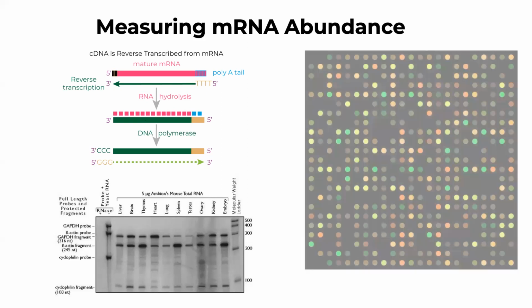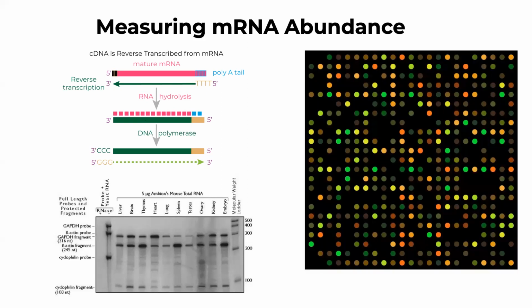Also, another method of determining the amount of a known segment is to measure them using microarray, which is really just a technology to measure the quantity of light. And we can, again, do it around designed probes. So the idea of measuring mRNA abundance or detecting that a specific transcript is being transcribed has been around for a while.